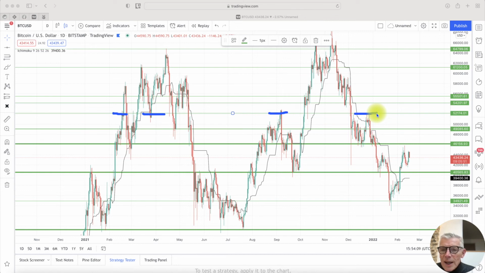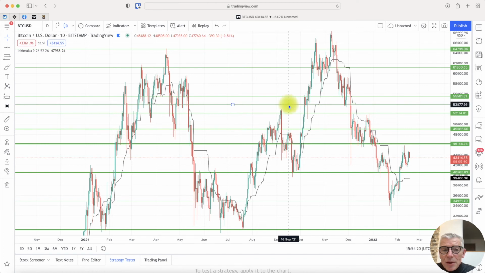Let's go up to the next line. Let's see whether we want to move that about. And actually I'm reasonably happy with that here. I don't think it's a hugely important resistance line.